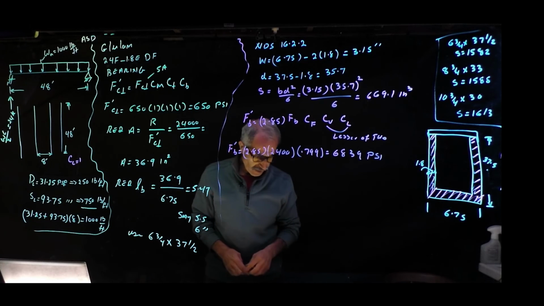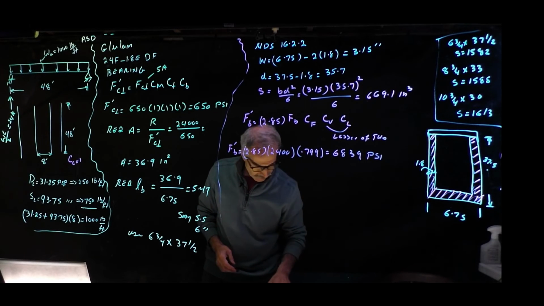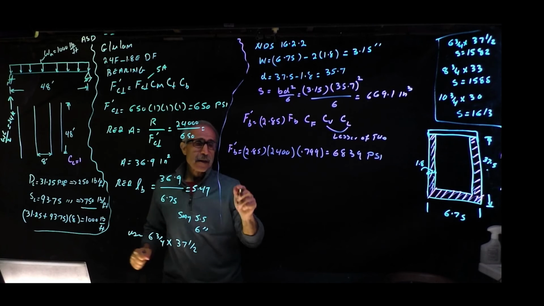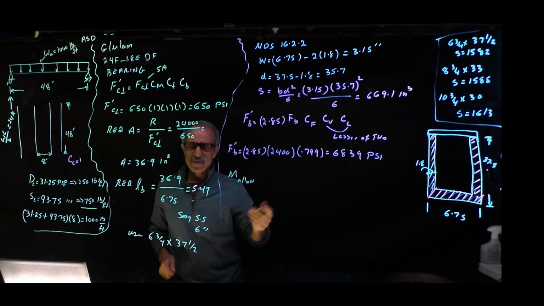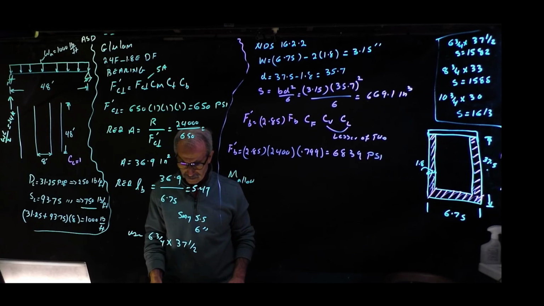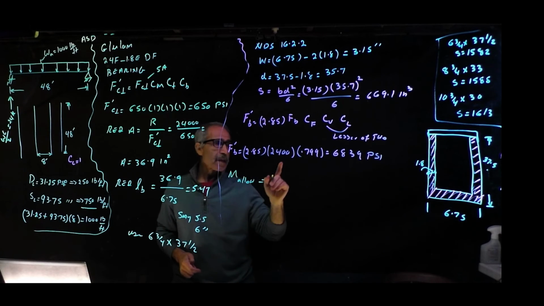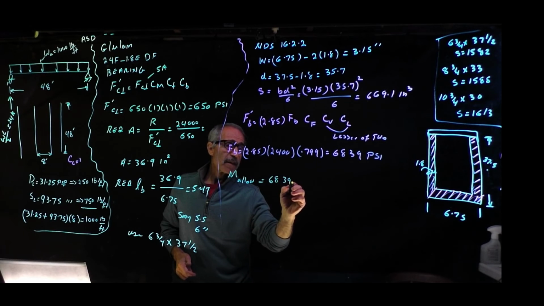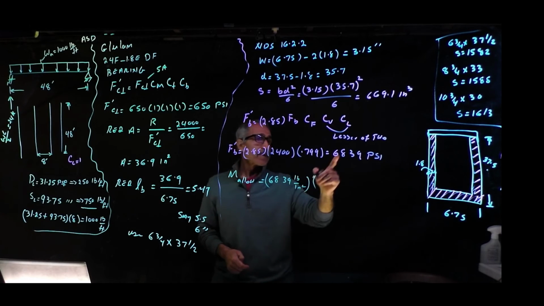But let's figure it out mathematically that we are correct, that it does pass. I'm going to go ahead and say our allowable moment, or we can do stress, just moment, is equal to 6839 pounds per square inch multiplied by the section modulus.